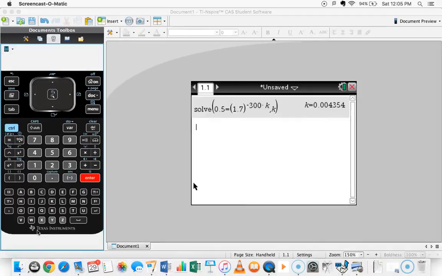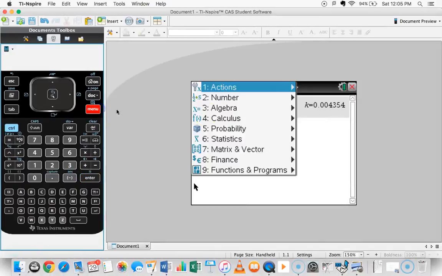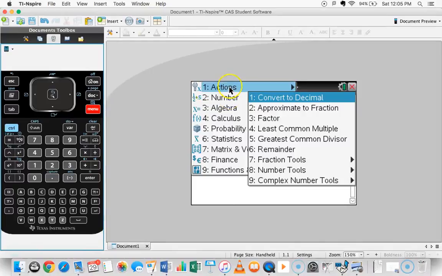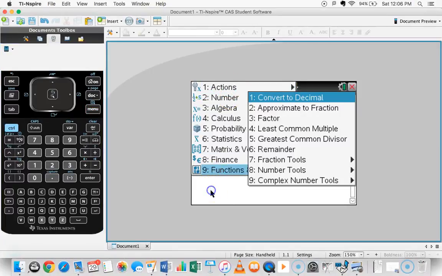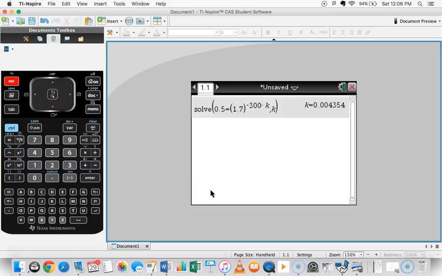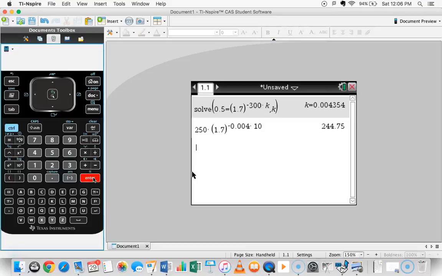So we're just going to put that into our CAS. I don't need an action this time, we're just going to put it straight in. So we're going to write 250 times 1.7 to the power of minus 0.004 times 10. I've done that in my head. And that is equal to 244.75.